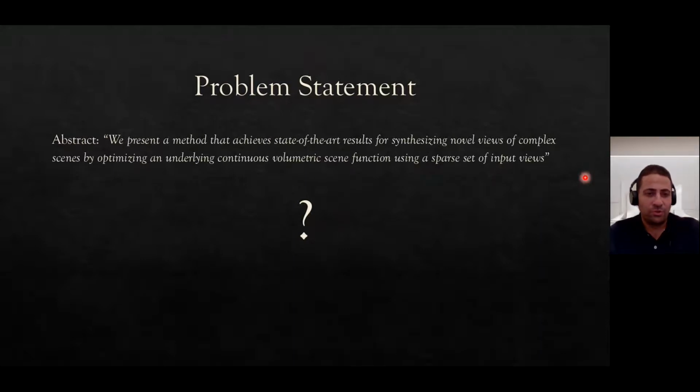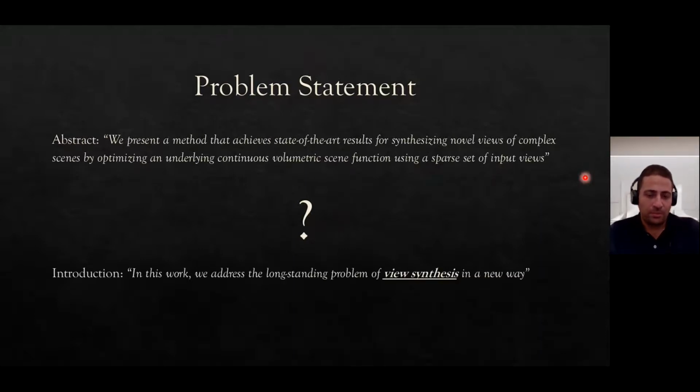So in the introduction, it's a bit more clear: "In this work, we address the long-standing problem of view synthesis in a new way." Okay, so this is a bit clear. So now the question is, what is view synthesis? For anyone who doesn't know about this field, including me, I didn't know actually.